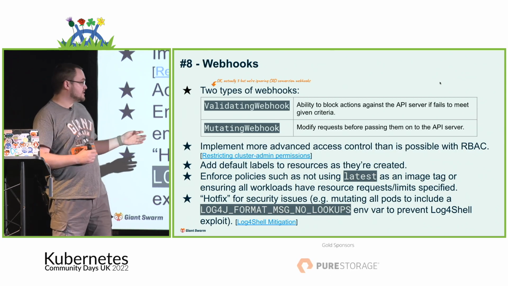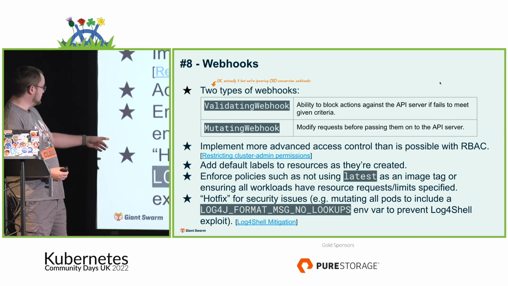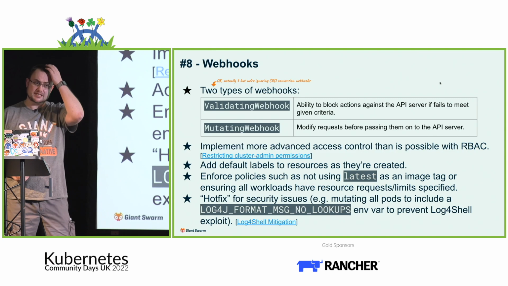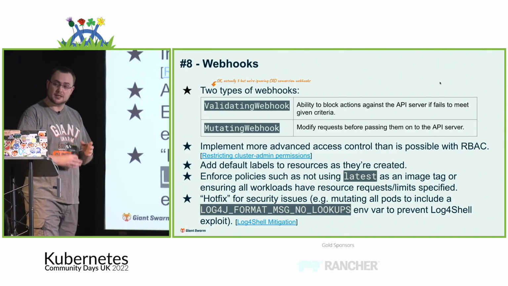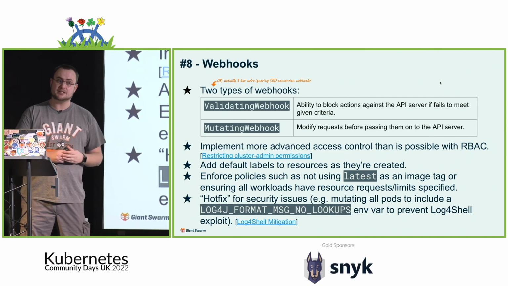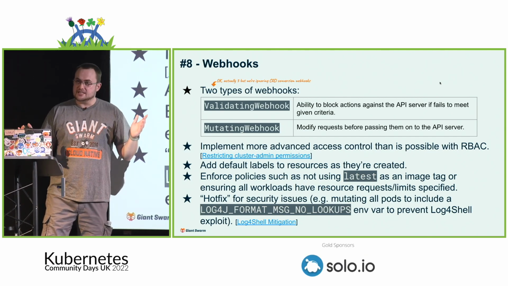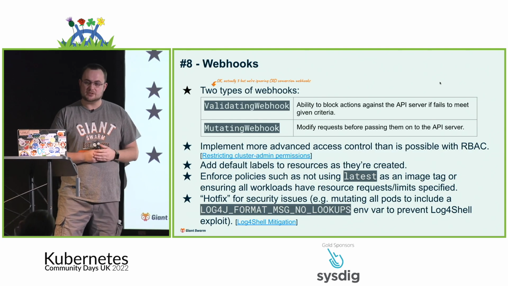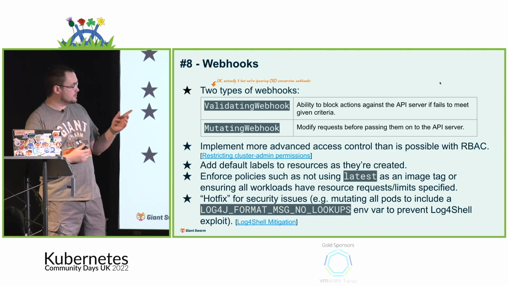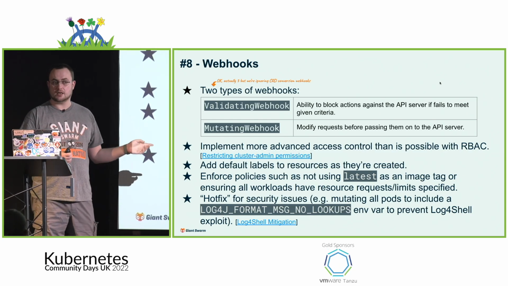The thing that I'm most interested in with this sort of scenario is right down here at the bottom, being able to hotfix security issues. So I assume you all remember the log4j issue not too long ago, where half the internet was exposed and vulnerable. We can actually fix this with a webhook.